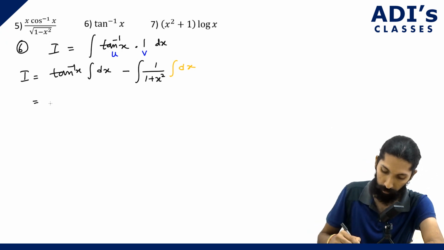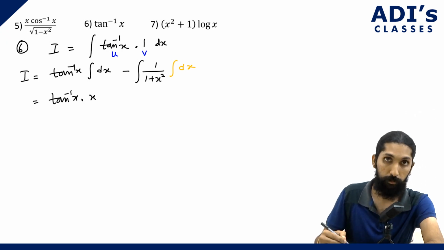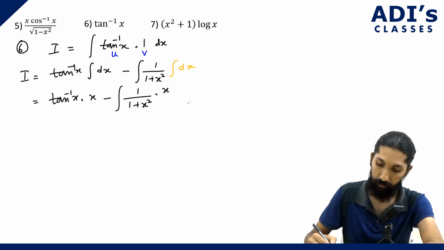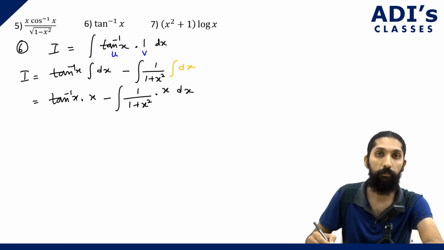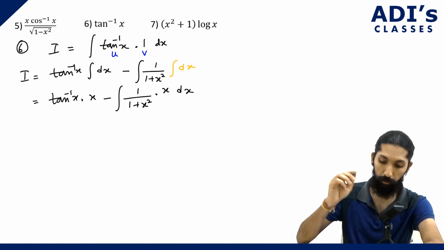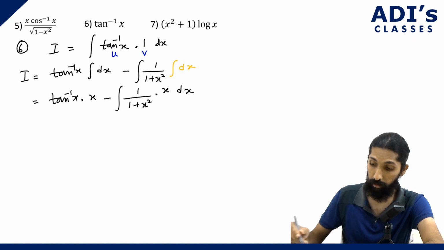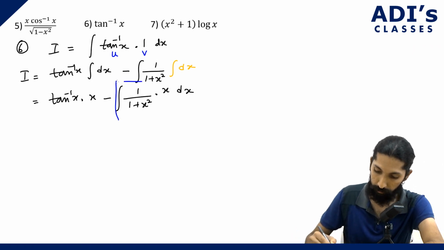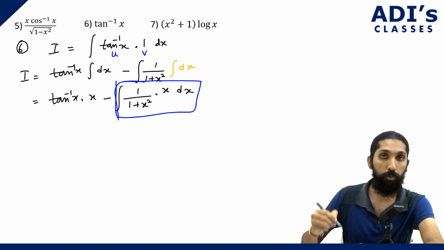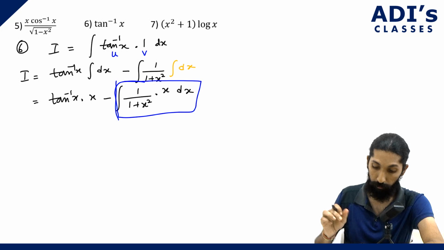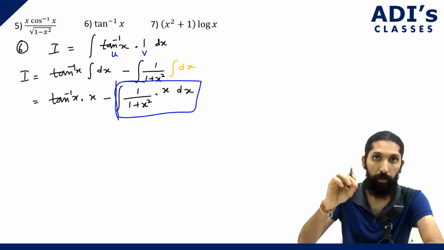So we have tan inverse of x into x, the first part, minus integral of 1 by 1 plus x square into x dx. Now, forget about the x tan inverse x part. That is not really our concern. The major concern we have is this part, which we need to do right now. So we are just going to do x divided by 1 plus x square.